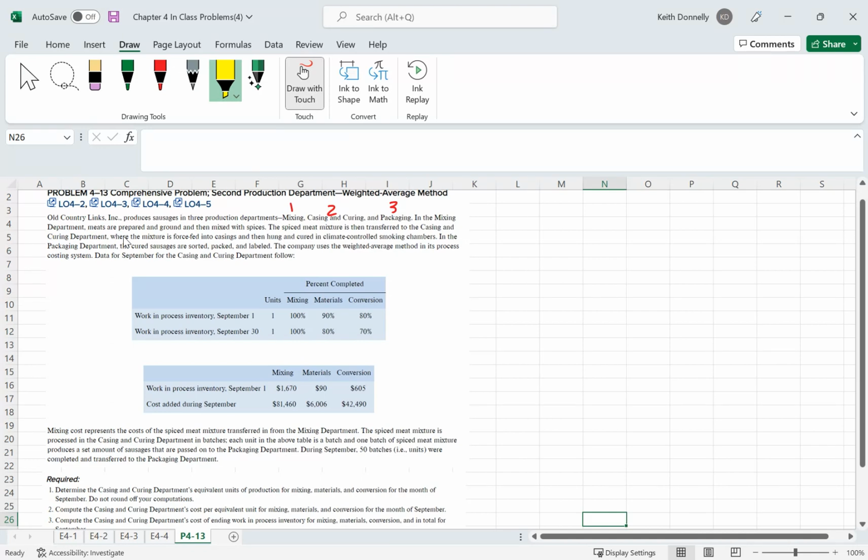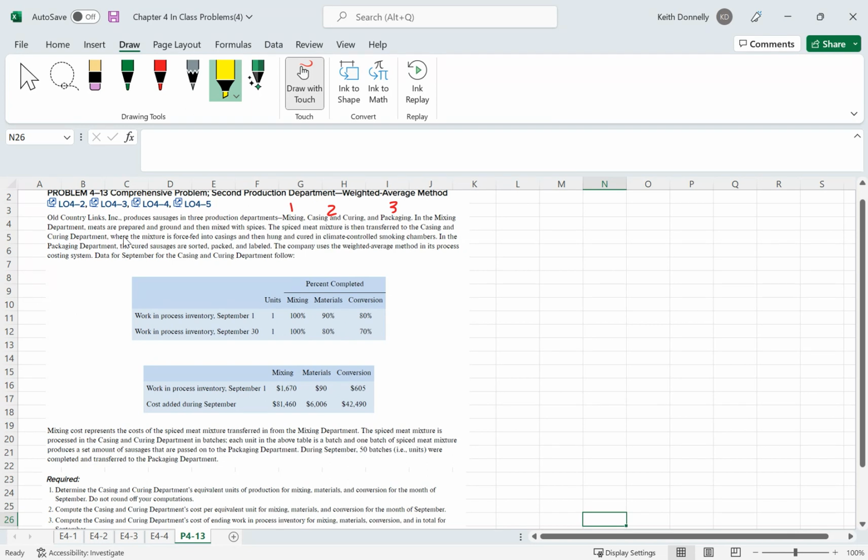And in the packaging department, the cured sausages are sorted, packed, and labeled. So once it's done being made, we send it to packaging, and packaging will do all of the packaging for it.